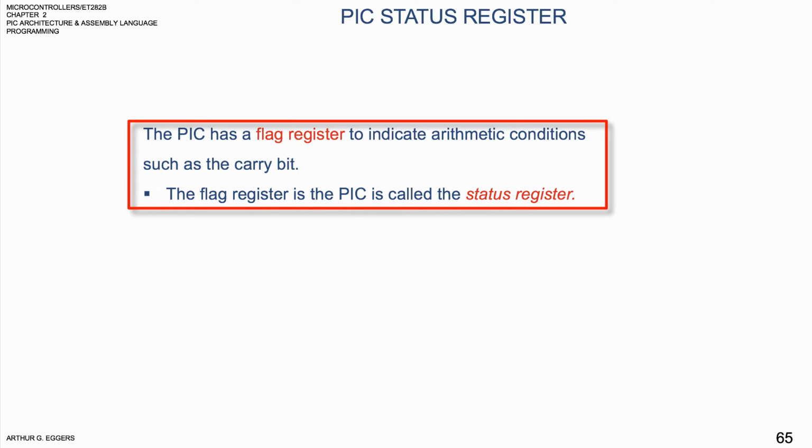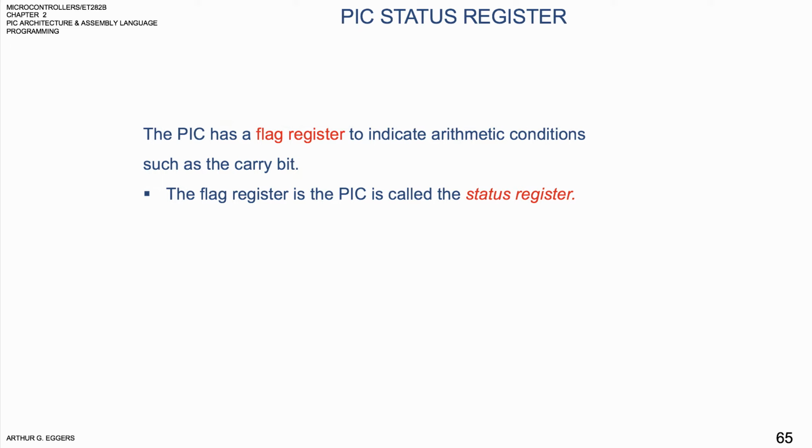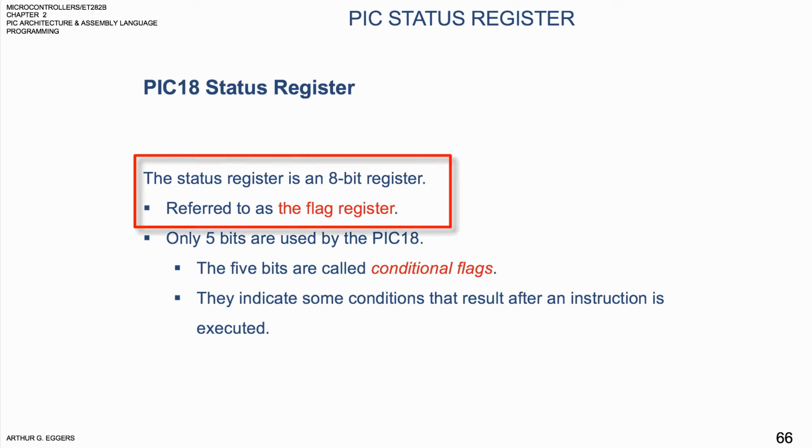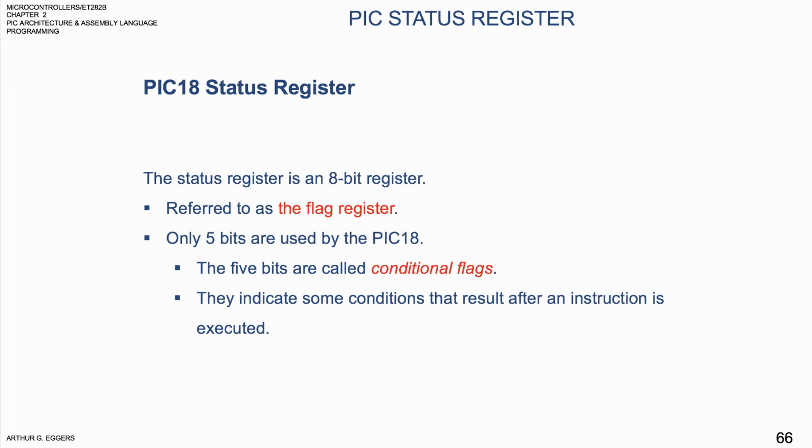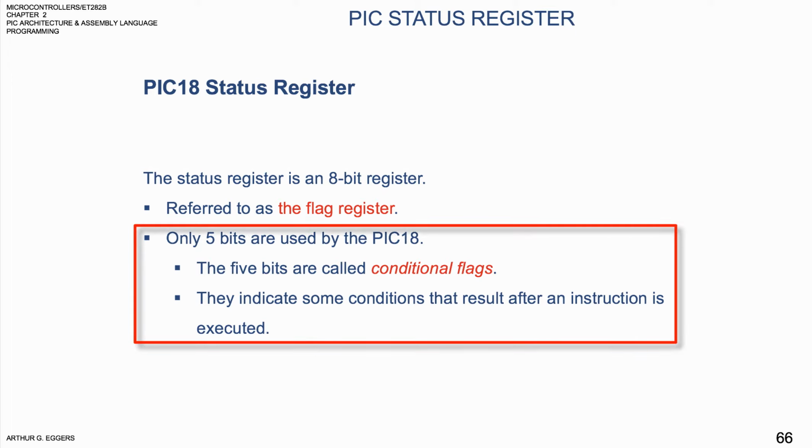The status register is an 8-bit register. It's also referred to as a flag register. Although the status register is 8 bits wide, only 5 of the bits are used by the PIC18. The 3 unused bits are unimplemented and read as 0.